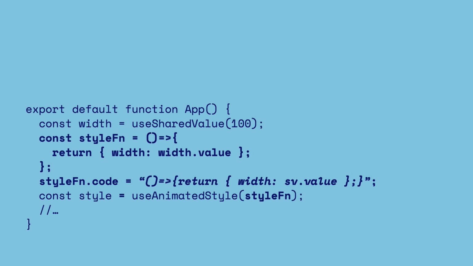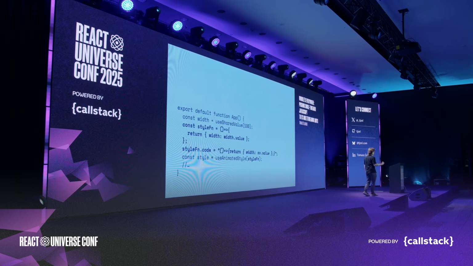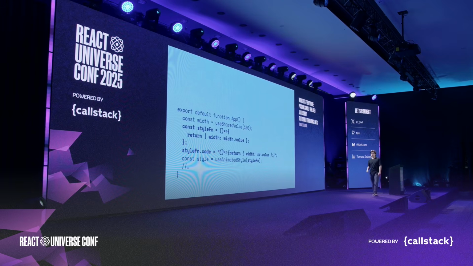So it took the function out, and then it appended a code property to it with the whole code of the function. So we have a function that now has a code property with its code. Sounds a bit silly, but this is the only way to get the code of the function in runtime like this.